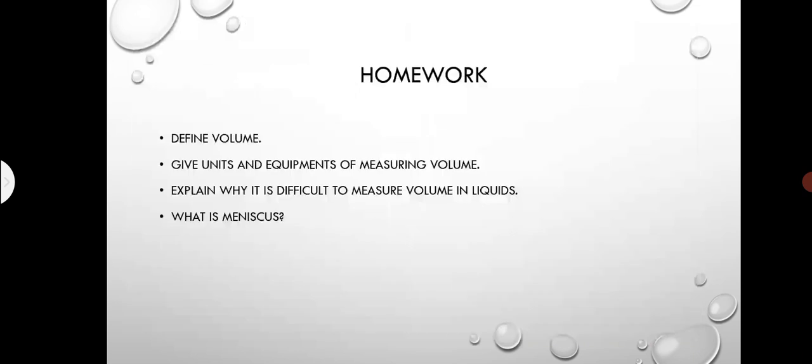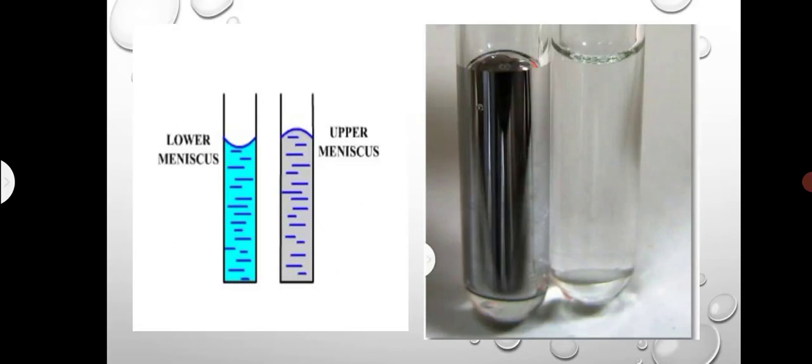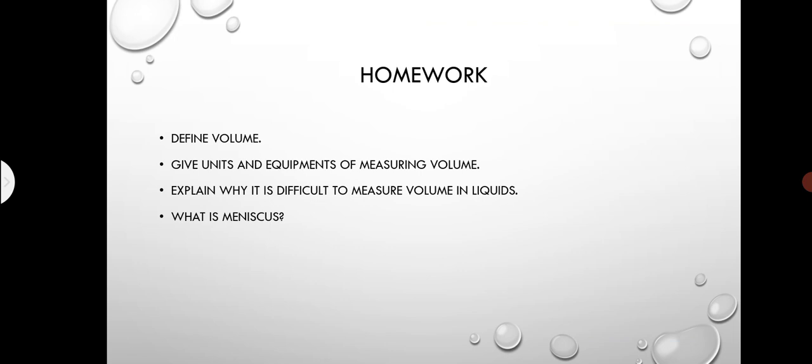Lower meniscus is usually in water. We read the bottom reading, that is the lower meniscus. An example of upper meniscus is mercury, it gives us the upper meniscus. So we read that upper reading to see how much volume of the mercury is there.